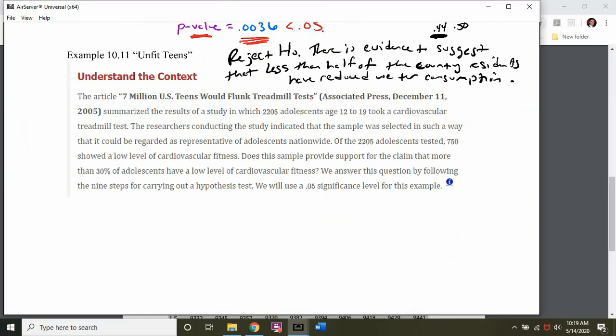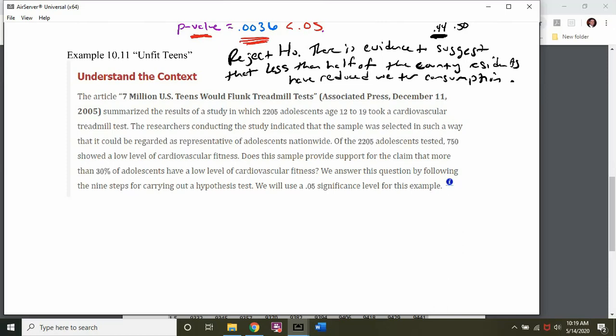Unfit teens, the article, 7 million U.S. teens would flunk treadmill tests, summarized the results of a study in which 2,205 adolescents aged 12 to 19 took a cardiovascular treadmill test. The researchers conducting the study indicated that the sample was selected in such a way that it could be regarded as representative of adolescents nationwide.